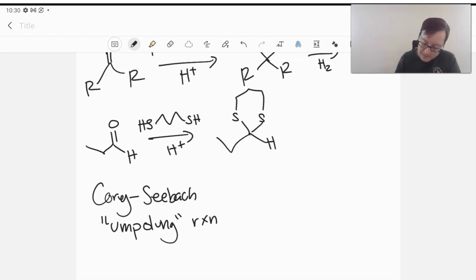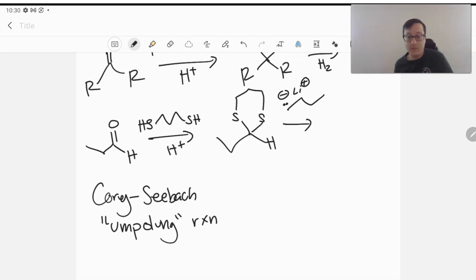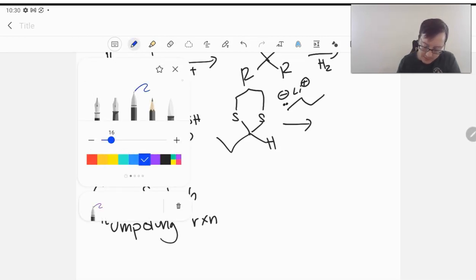So if you treat this with some sort of strong base, for example, butyllithium, essentially it's a carbanion with a lithium positive charge there to stabilize it.